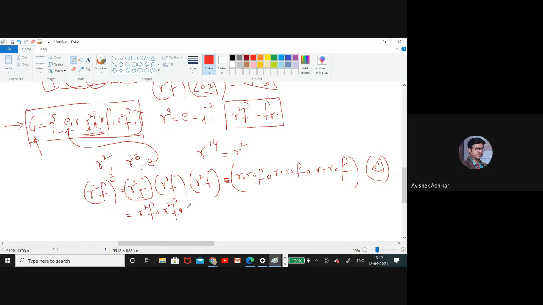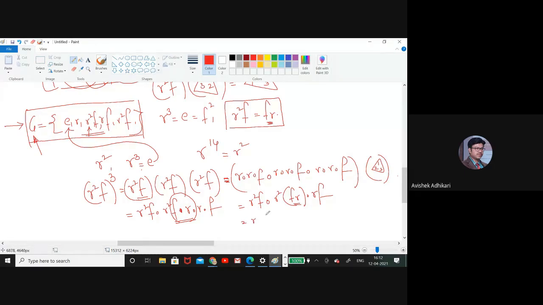Here you have r composition f, right? Now consider this r square f composition r square. Take this one, fr composition rf, right? Now what is fr? According to your definition, or according to your relation, fr is nothing but r square f.